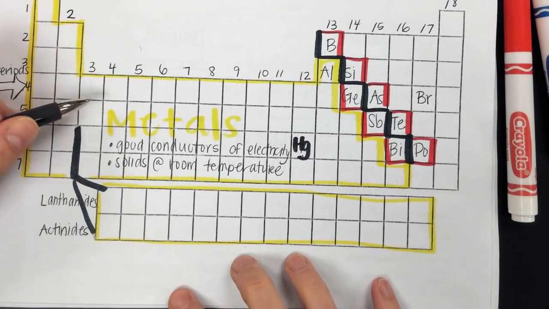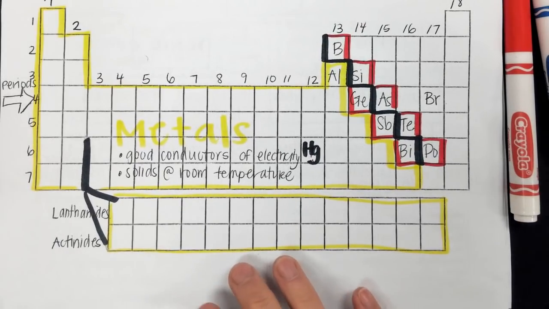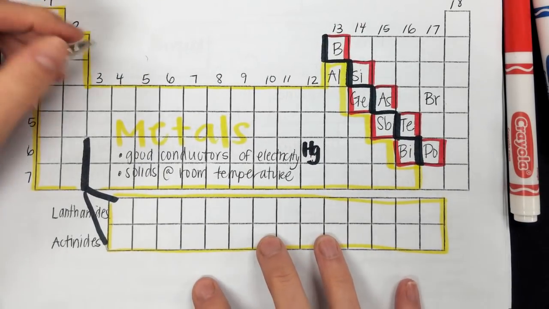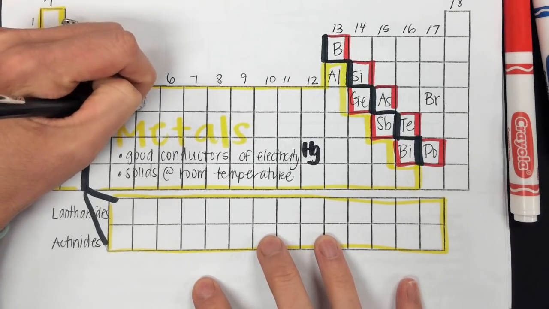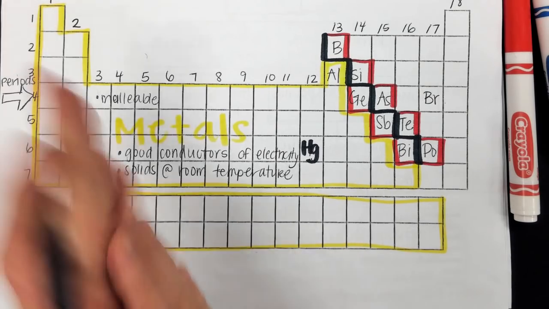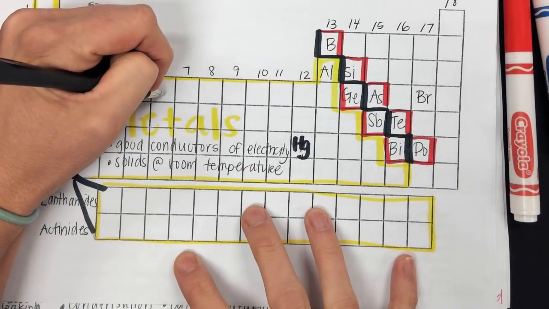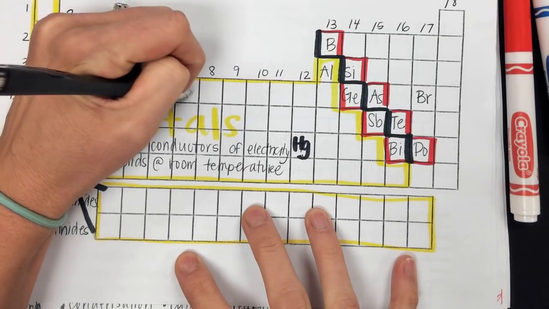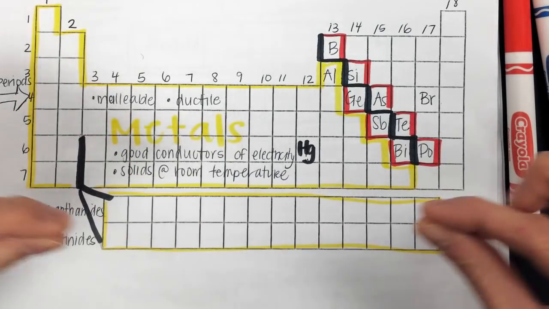Some other properties of metals that you will need to know and you will be tested on: they are malleable. Okay, malleability means it can be rolled or hammered into sheets. Ductile means it can be made into wire.